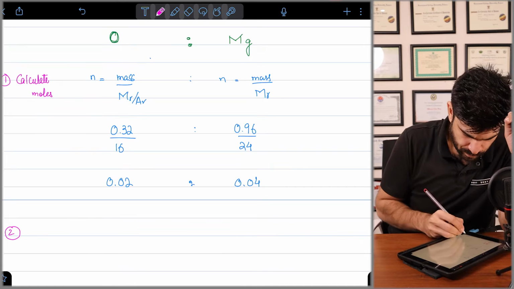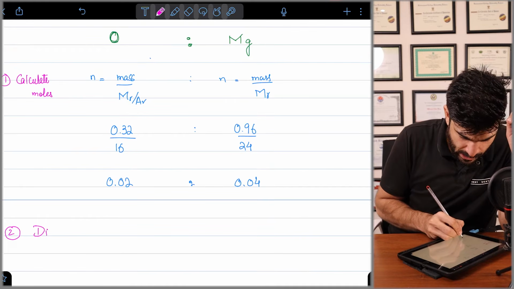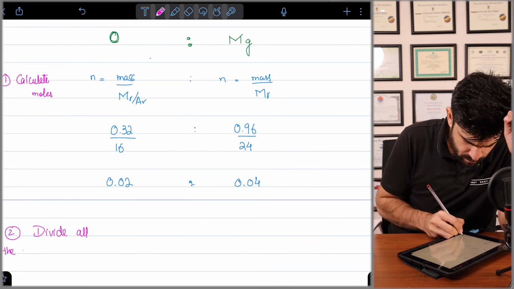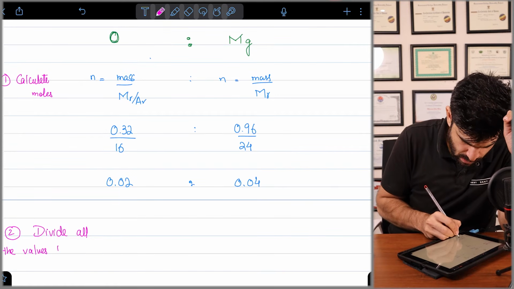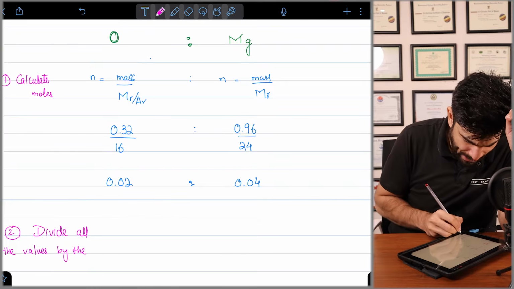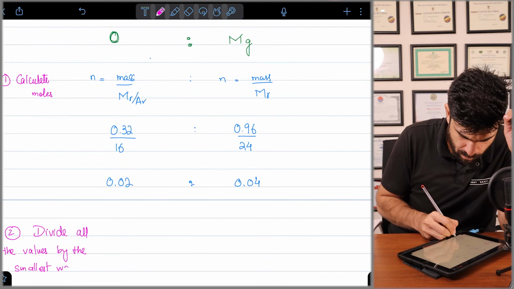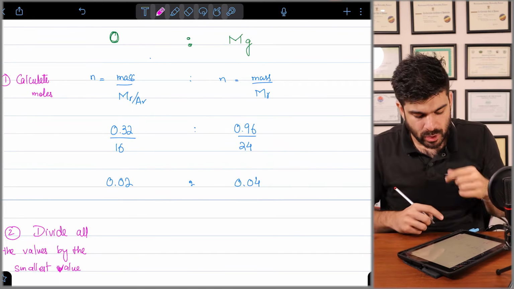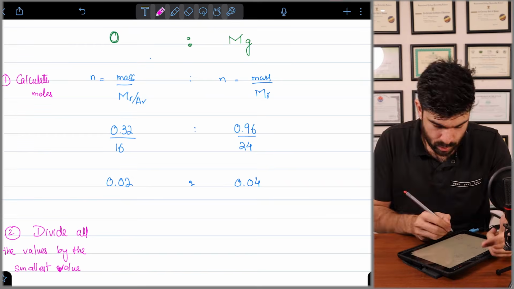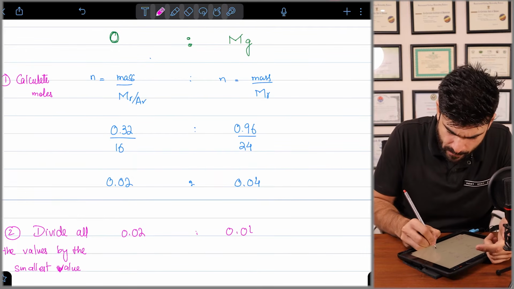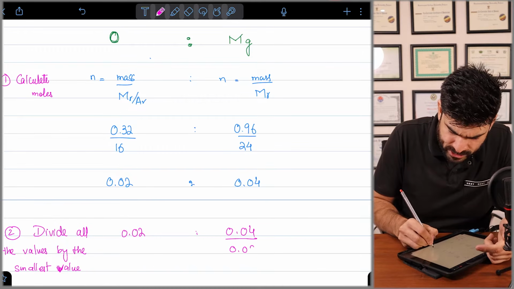Step number 2, divide all the values by the smallest value. Which is the smallest value? 0.02 is the smallest value. 0.02 and 0.04, we divide both by 0.02.